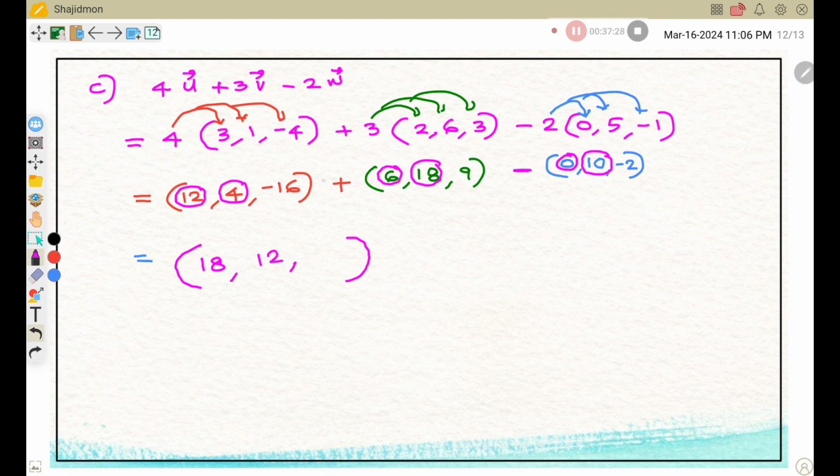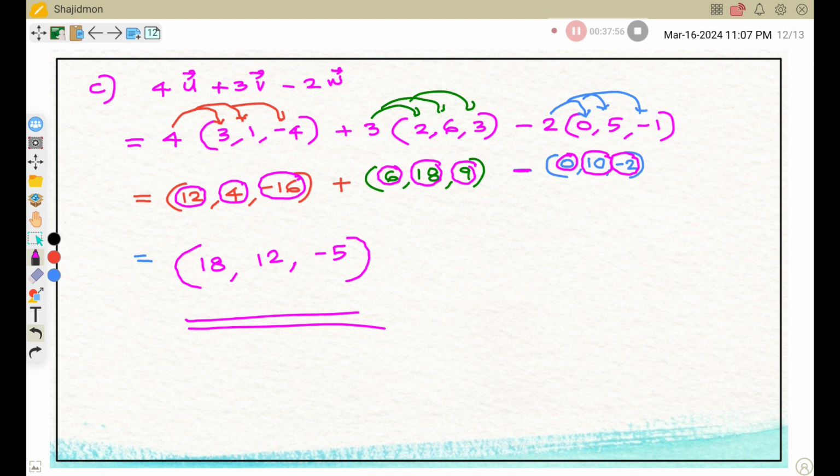Now the third number: minus 16 plus 9, and minus of minus 2. Outside one minus is there, inside minus 2, so minus of minus 2 is plus 2. Minus 16 plus 9 plus 2, minus 16 plus 11, that is minus 5. So this is the linear combination 4u plus 3v minus 2w.